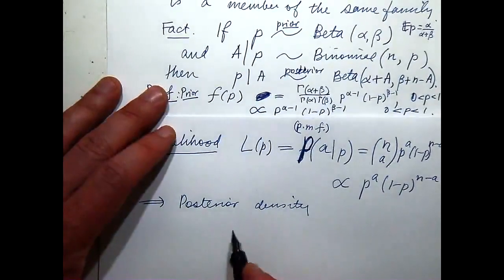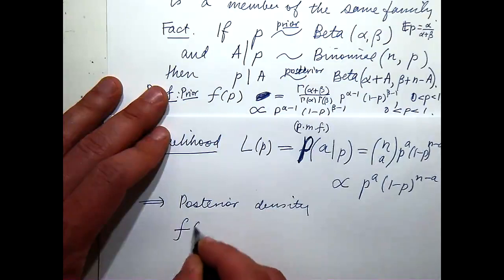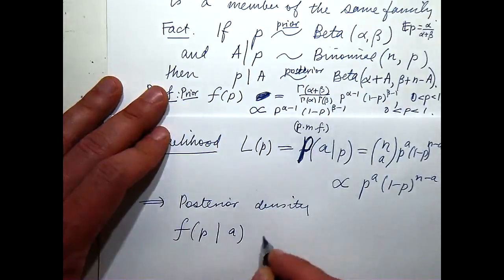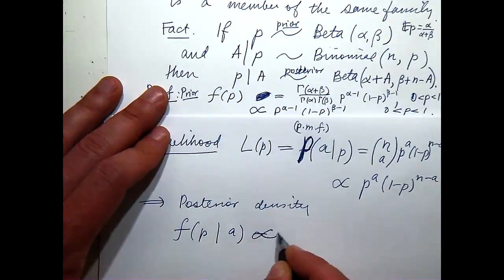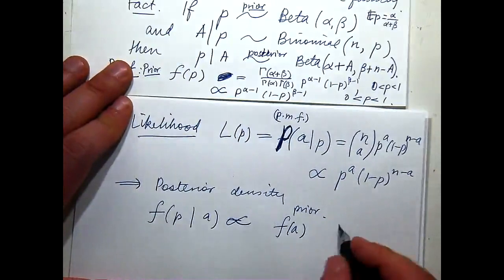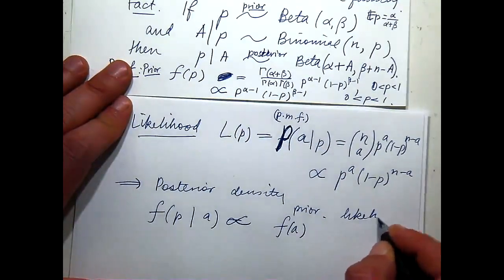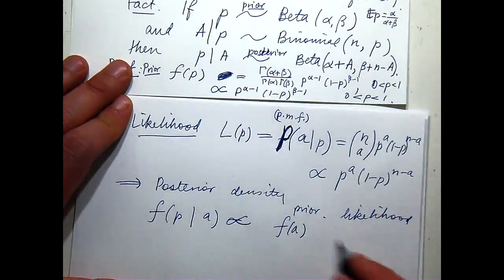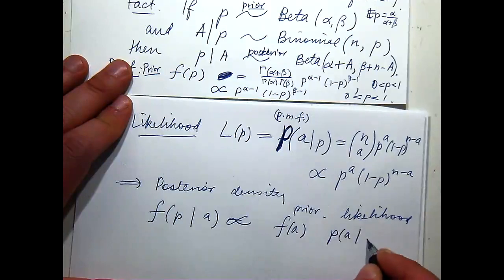So the posterior density, f of p given A, is proportional to the prior density f of p times the likelihood of A given p.